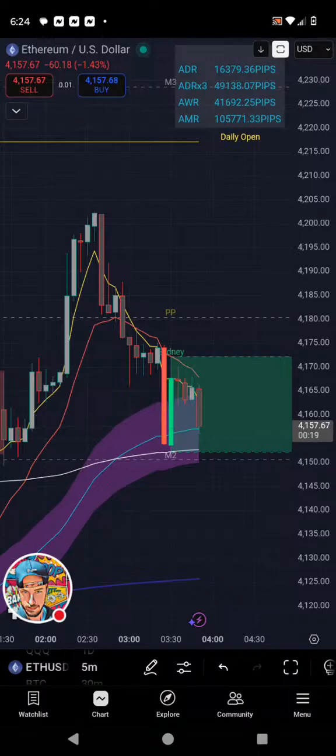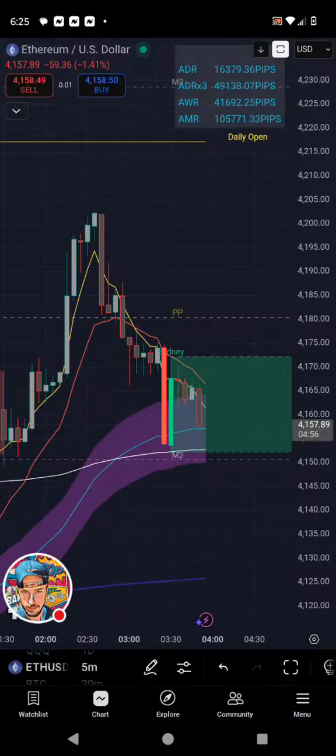Let's see. So we're riding right even with that 50 EMA. Are we going to end this 5 minute candlestick below or above that 50 EMA? What do you think? W is for yes. L's for nah. Let's see.